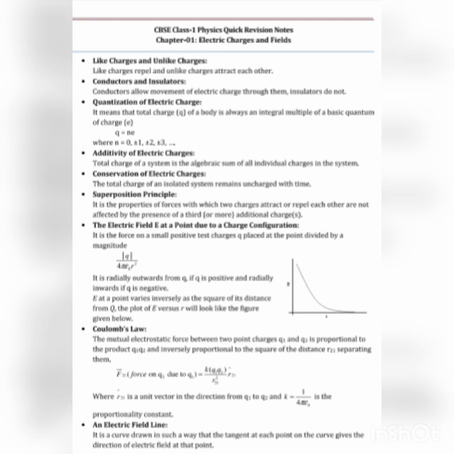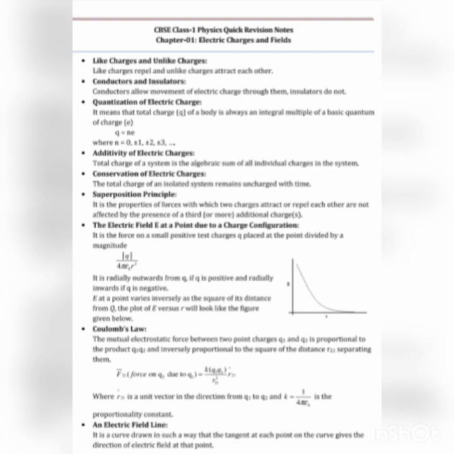Vector F21, force on Q2 due to Q1, is given by constant K Q1 Q2 upon r21 square times the unit vector r21, where vector r21 is a unit vector in the direction from Q1 to Q2 and K is 1 by 4 pi epsilon naught, which is a proportionality constant, and the value is 9 into 10 to the power 9.